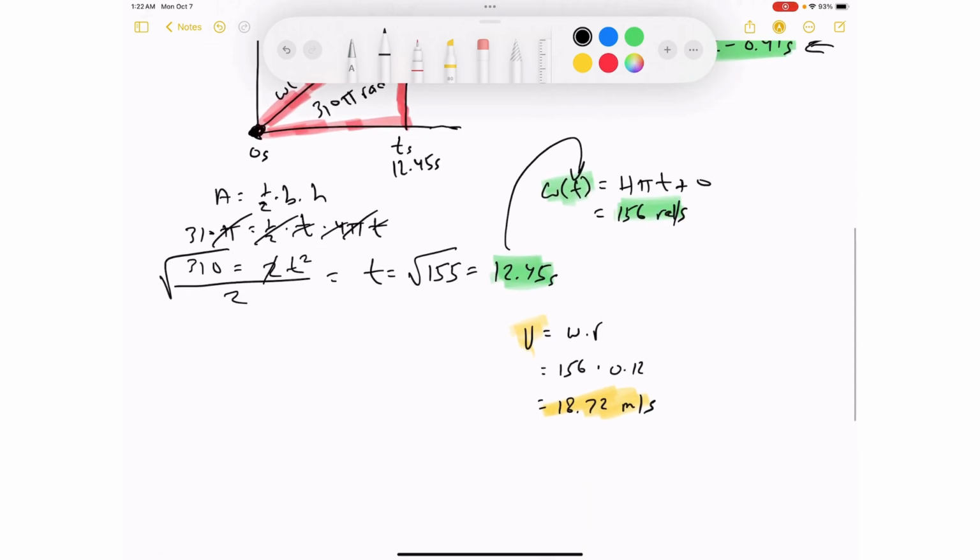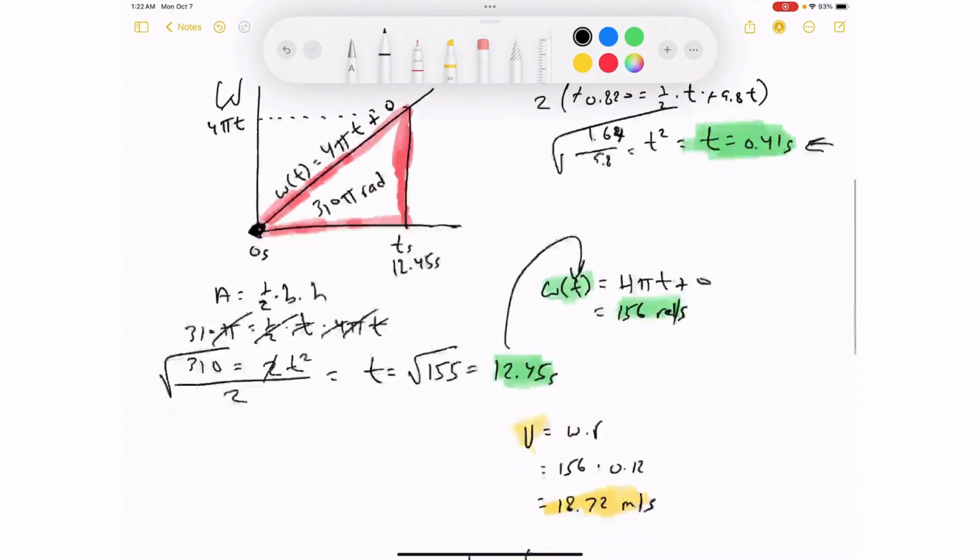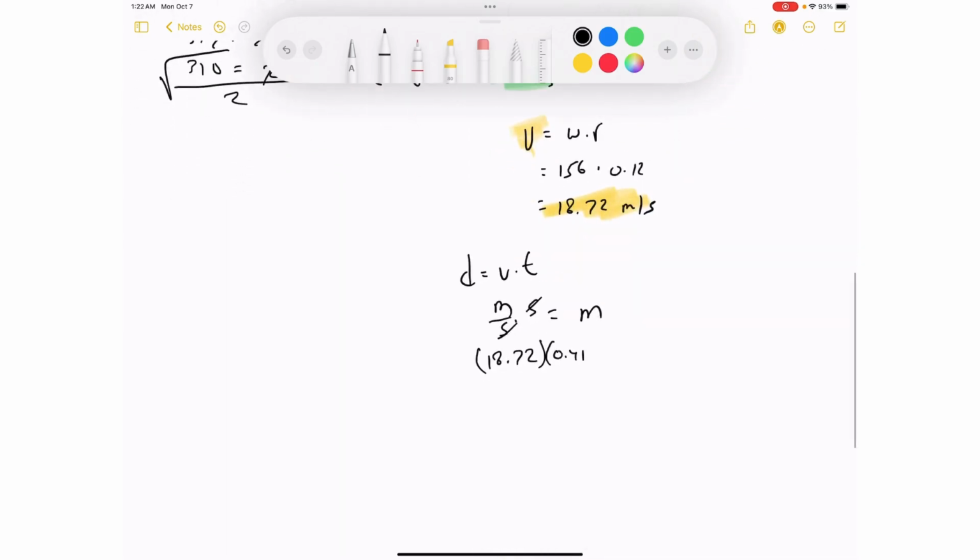Distance is equal to velocity times time, so the seconds go away and all you're left with is meters. 18.72 meters per second times 0.41 seconds equals 7.67 meters. Let's put a D here for posterity's sake.